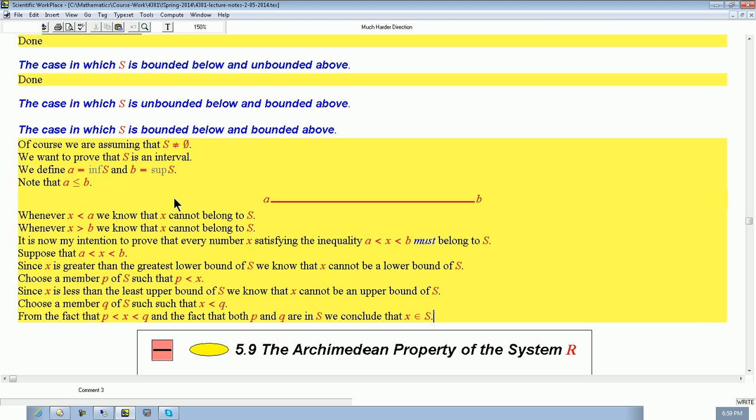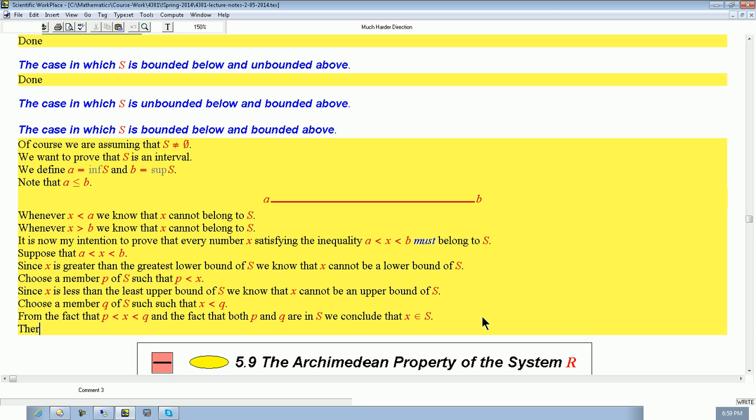A number above B never belongs. A number strictly between A and B always belongs. Therefore, what is the set S? I will now make the conclusion. Therefore, S is one of the intervals.